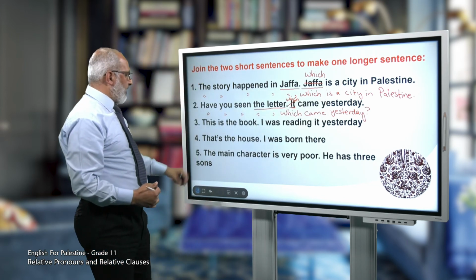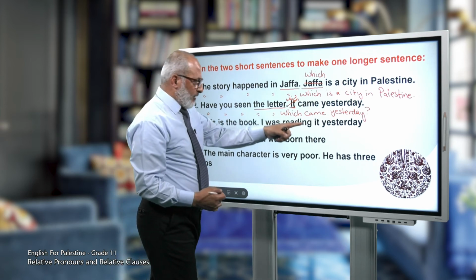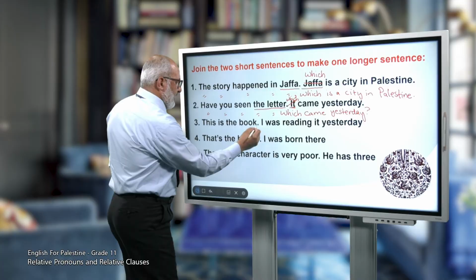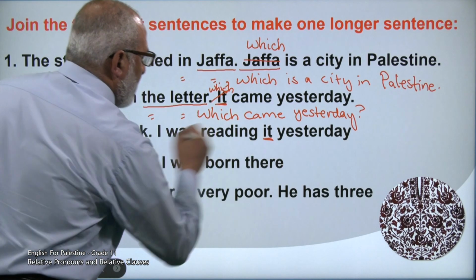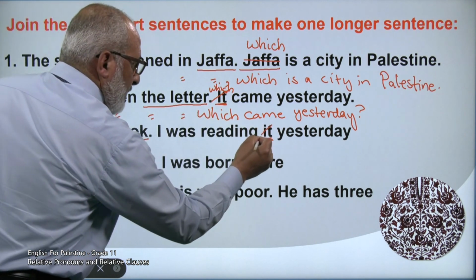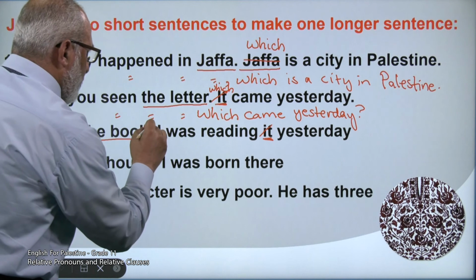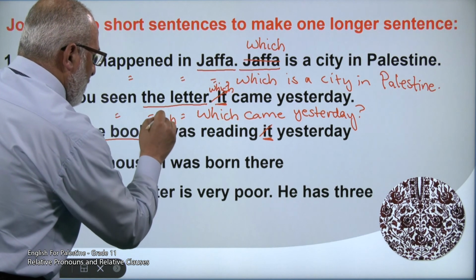Okay, number 3. This is the book. I was reading it yesterday. Here is the book, and this is the pronoun. The pronoun here is object. Okay, so we omit the pronoun and we put which at the beginning of the second clause.